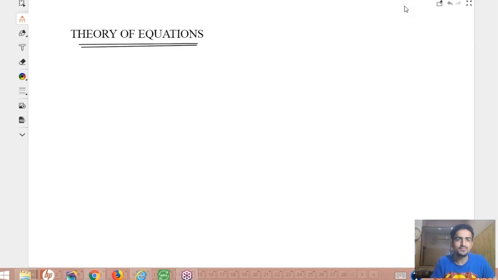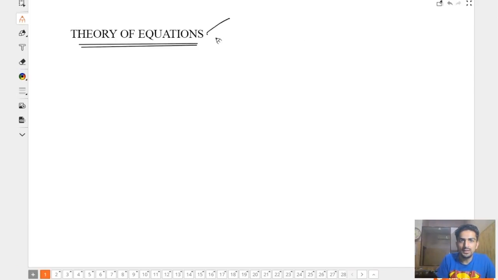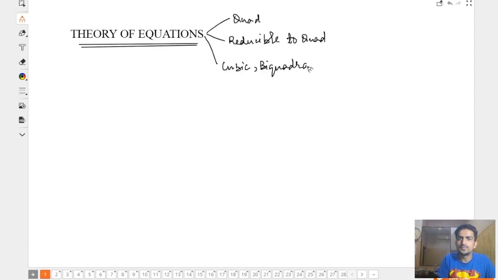Okay guys, the name of the chapter is Theory of Equations. As the name suggests, we will be dealing with many equations: quadratic, reducible to quadratic, that is, initially not quadratic but it gets reduced to quadratic, then cubic, biquadratic, which means a 4-degree equation, etc. And some aspects related to them, not only their solving, okay?